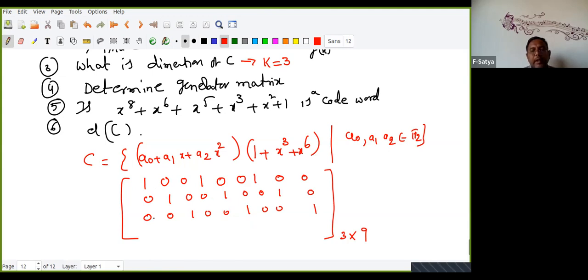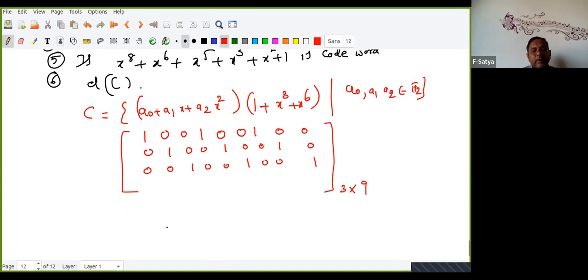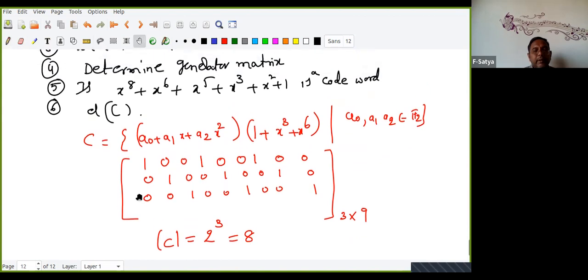Now how many elements are there in C? So the cardinality of C is equal to 2 power 3, 8. So linear combinations of these will come, and once you know the word, then you know what the polynomials are also. Correct? Yes. So fine.